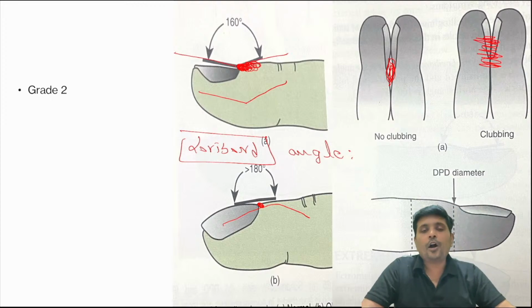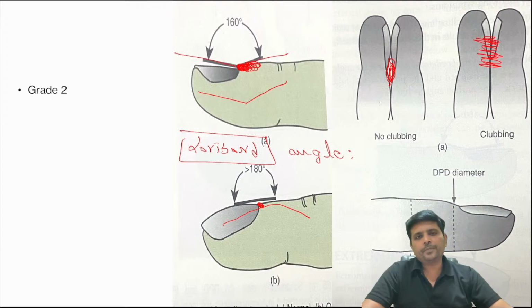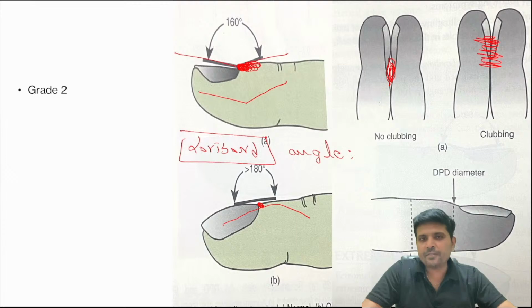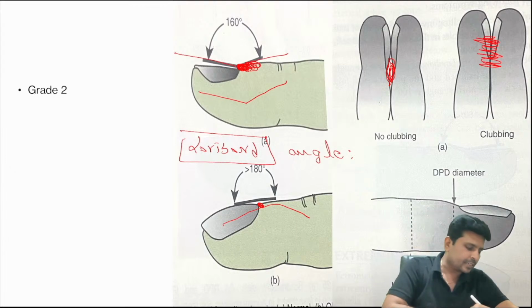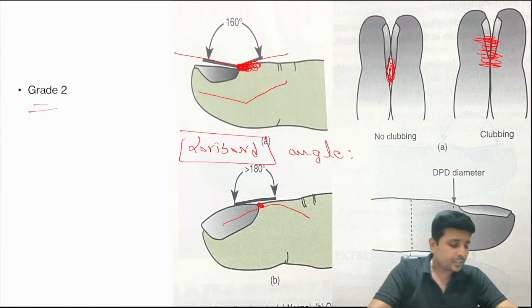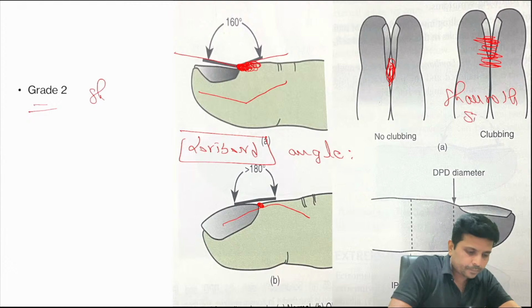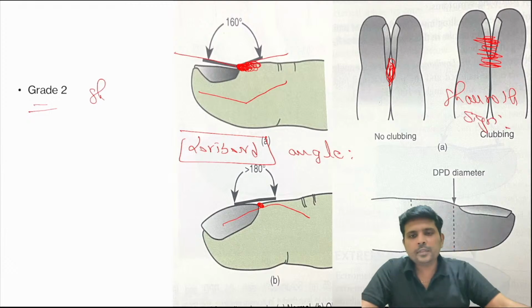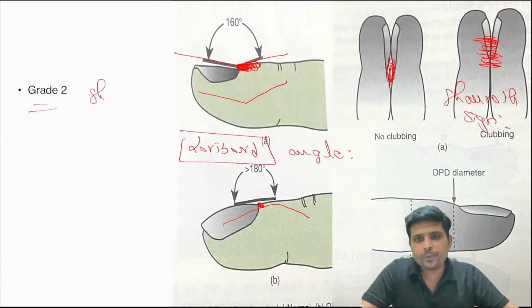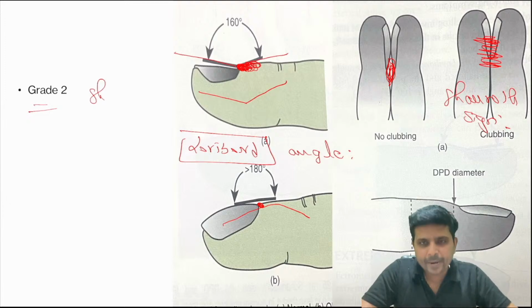So this obliteration of the diamond shaped space between the two phalanges is grade 2 clubbing, and this is called Shamroth sign. So grade 1, softening of the nail bed.